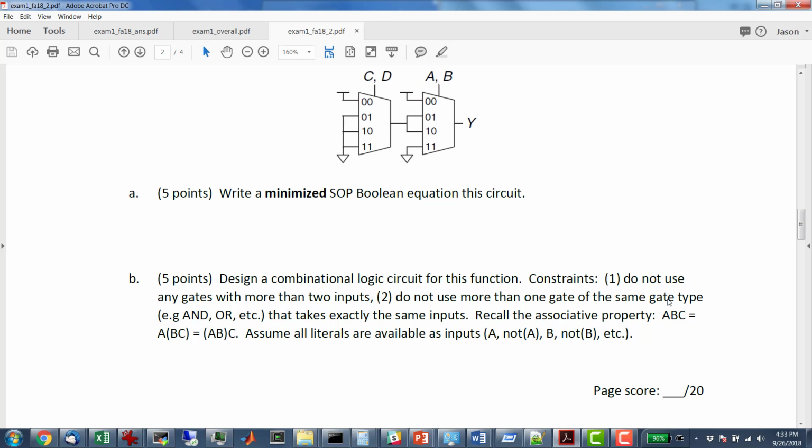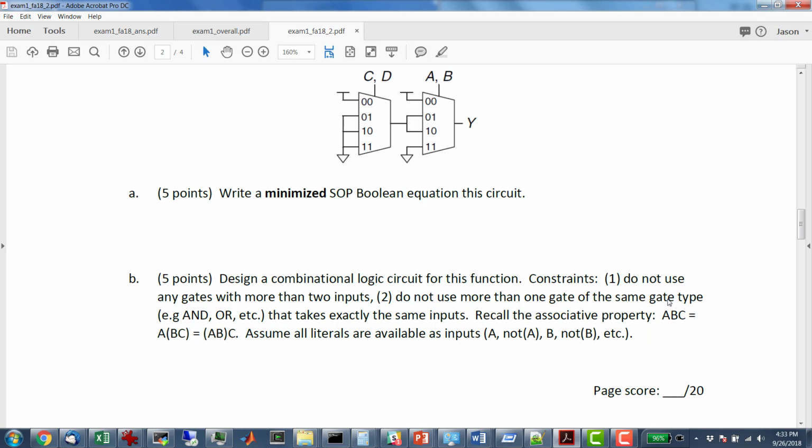So there's a number of ways you can fix this. We can take out this not C, not D, right? We can make that its own little gate, and we can use the associative rule.